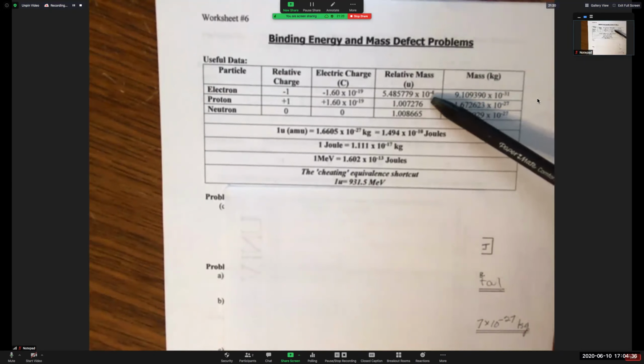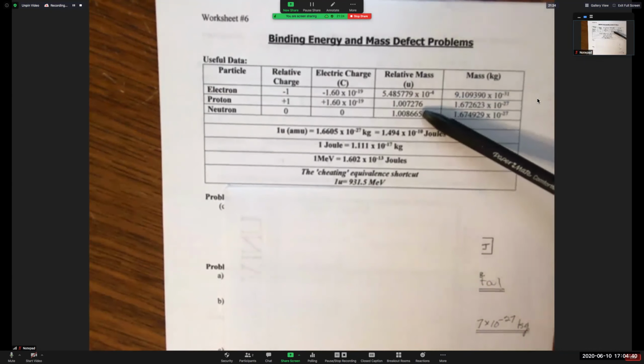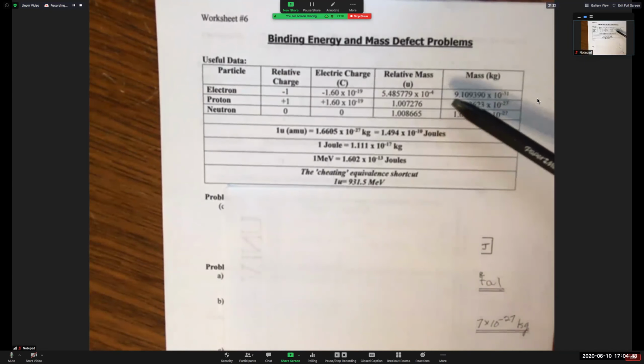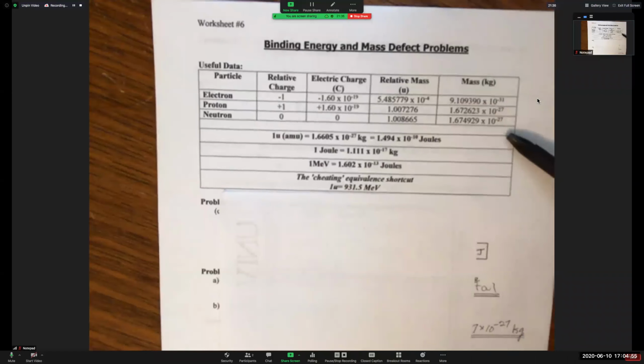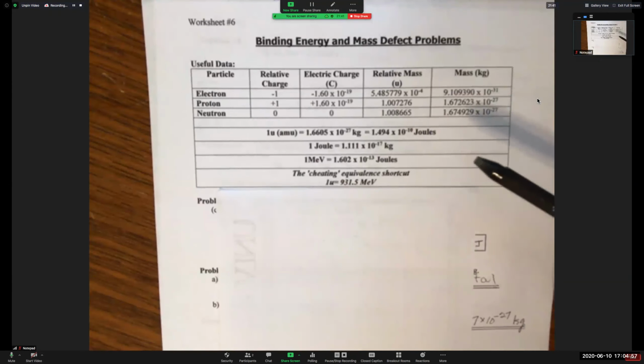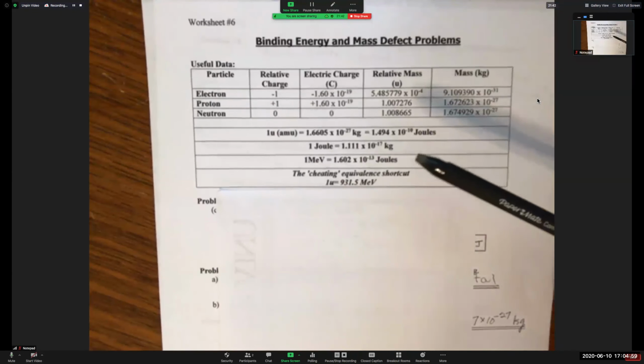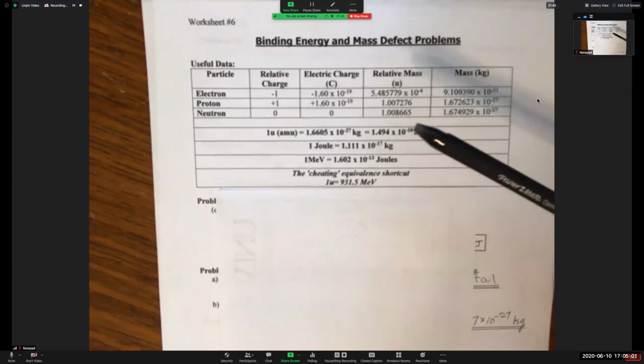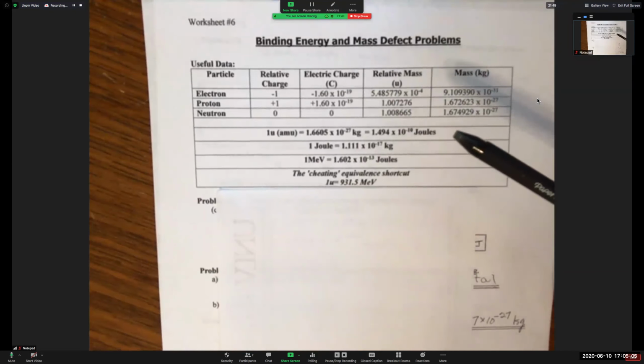So that's the mass of an electron in amu. It's 5.485779 times 10 to the minus 4. And this is the mass of a proton and the mass of a neutron, and the mass of the neutron is slightly greater than the mass of the proton. These are the masses of the same subatomic particles in kilograms. You can do these calculations for binding energy using either of these masses. Down here are some units where we've converted mass into energy.